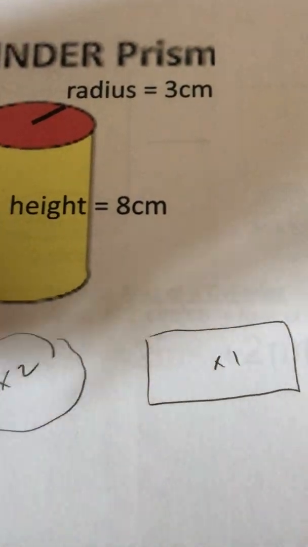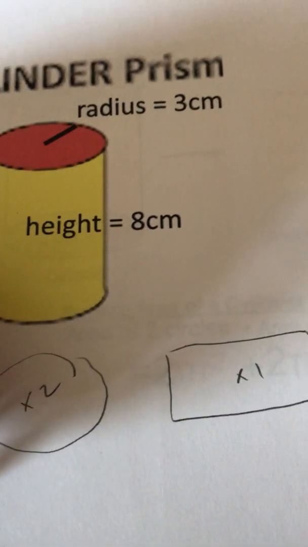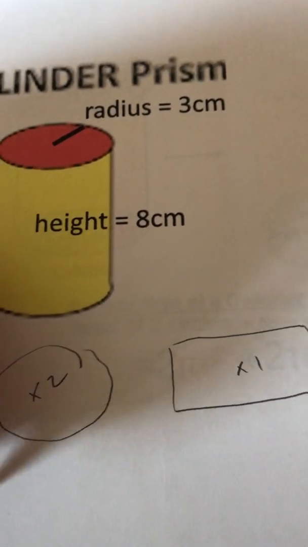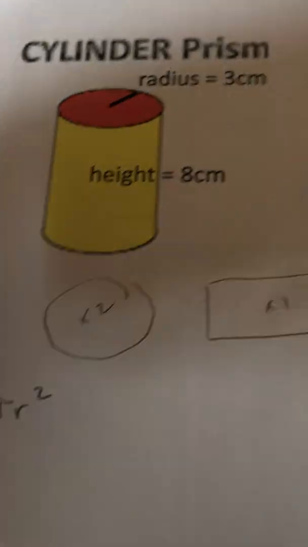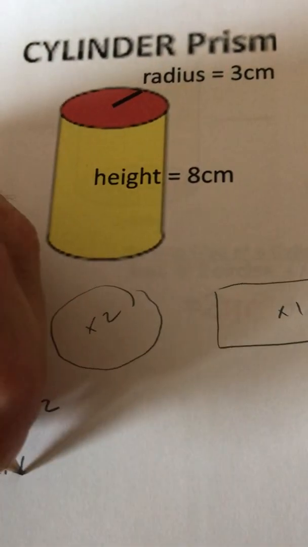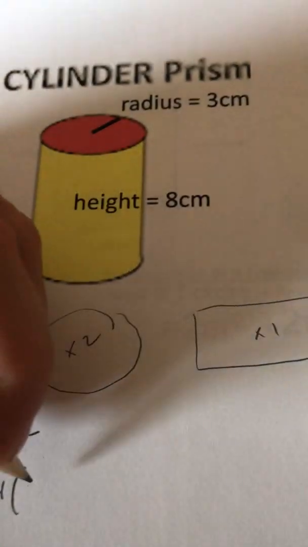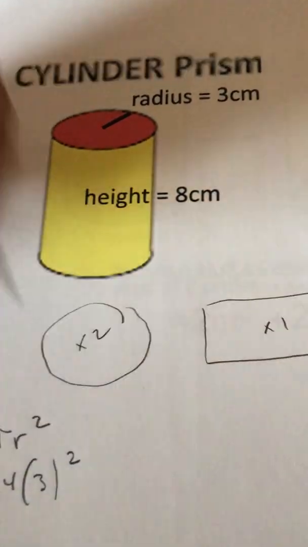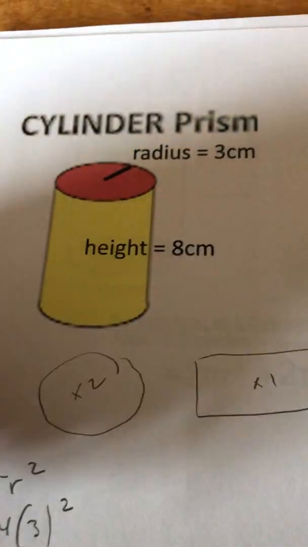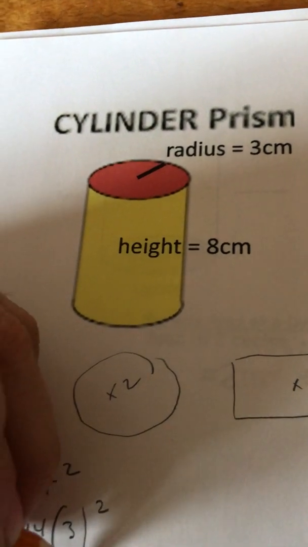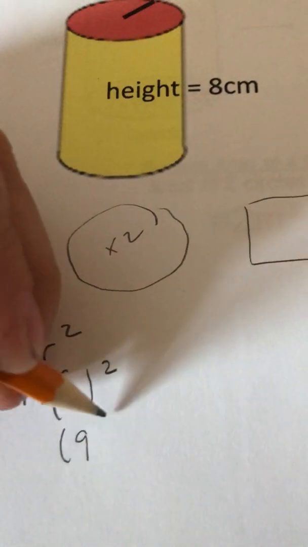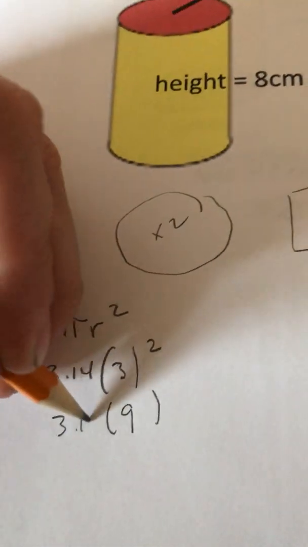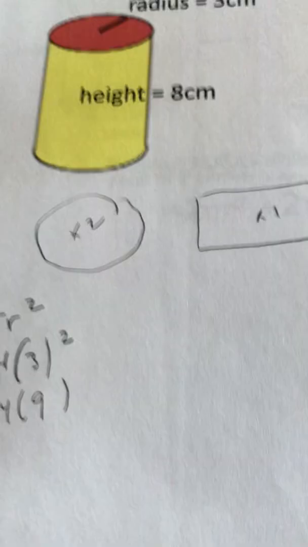Area of a circle is pi r squared. So 3.14. What's the radius? It's 3. We have to use our order of operations. 3 squared is 9 times 3.14, and we get an answer.